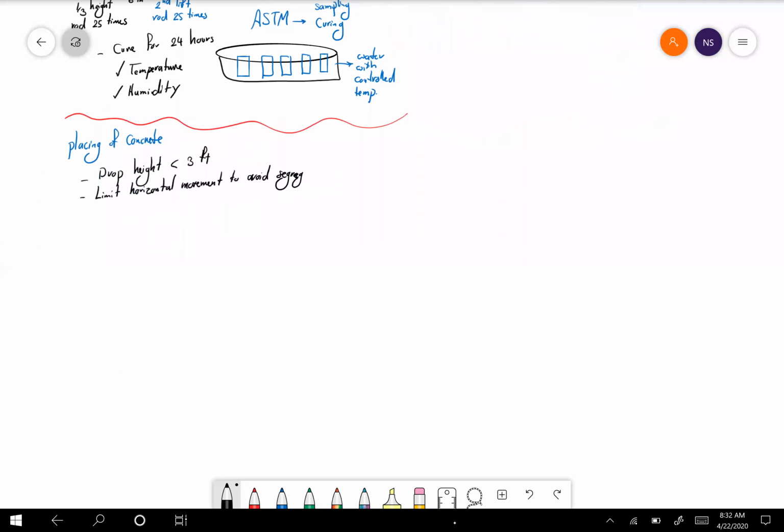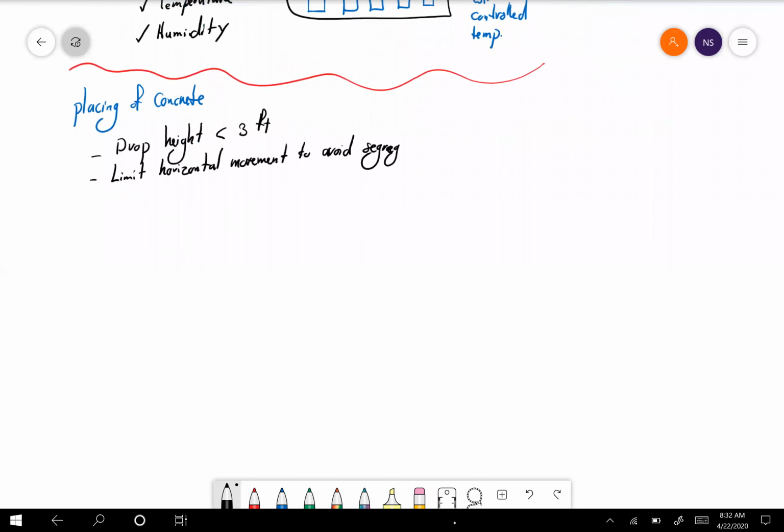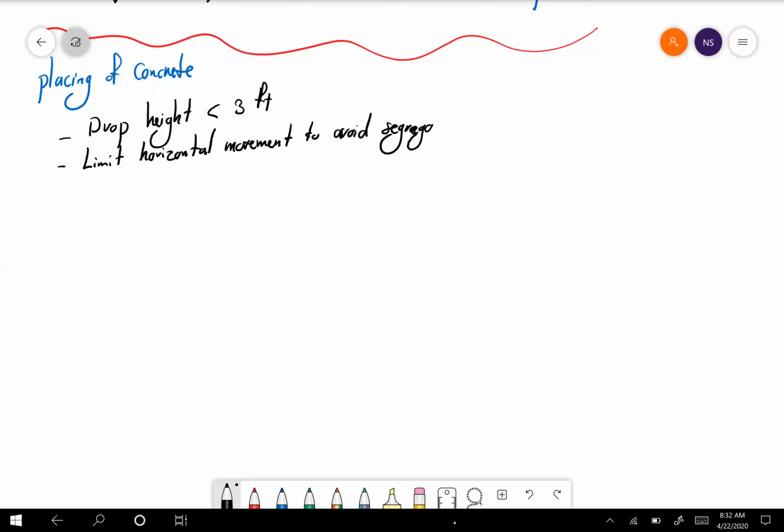And segregation is the process of when the aggregates are starting to separate from the paste.